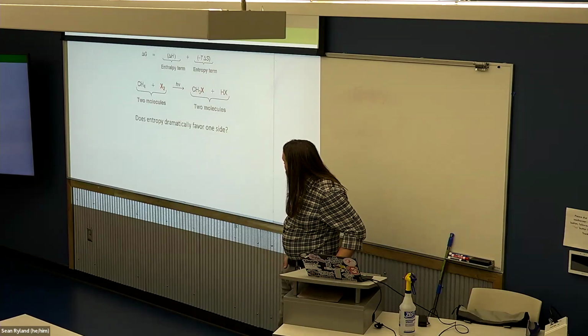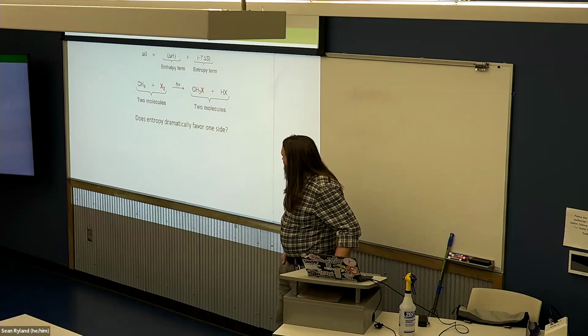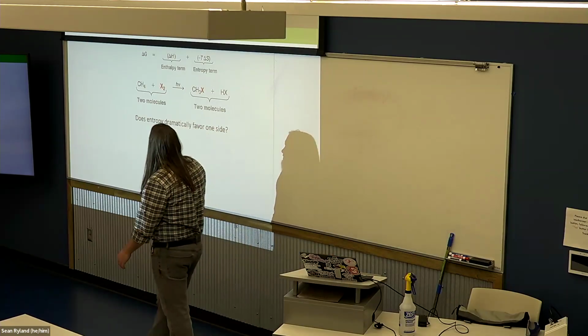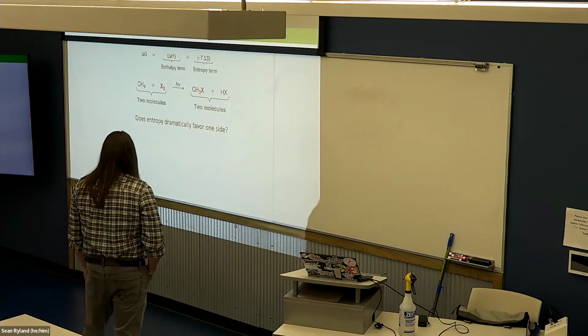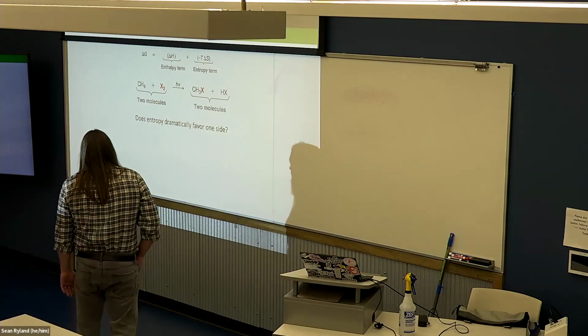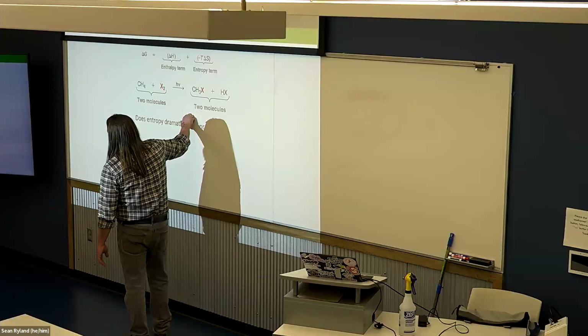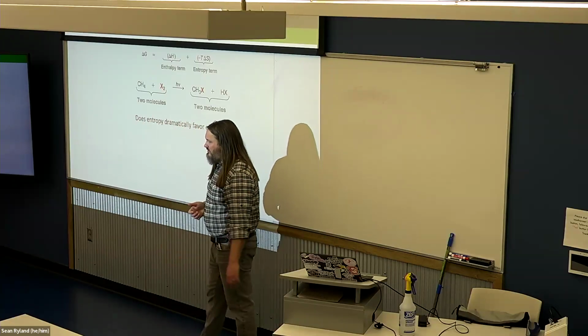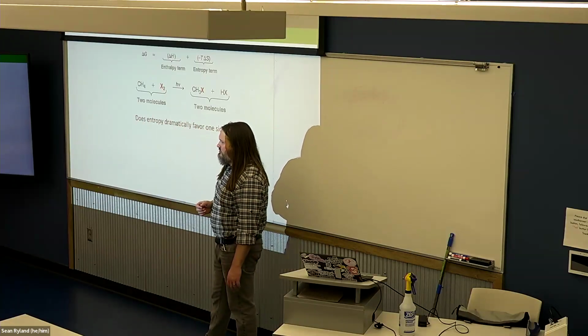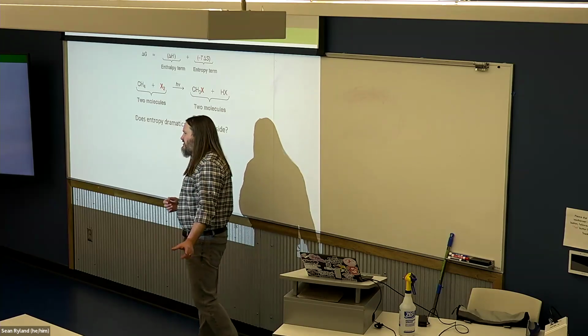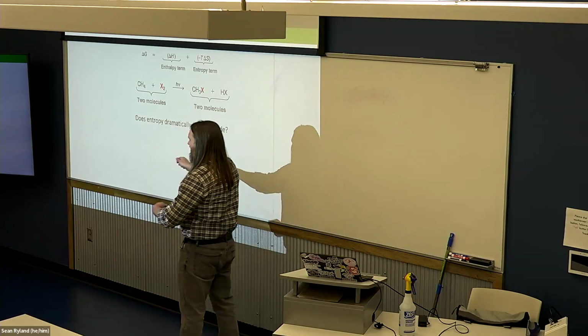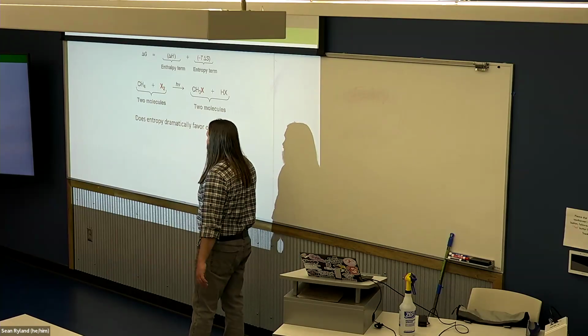All right. Let's look at this reaction and think about the thermodynamics here. Do we get a big difference in entropy from one side to the other? Remember, with addition and elimination reactions, entropy played a big deal in which side was favored by equilibrium, right?